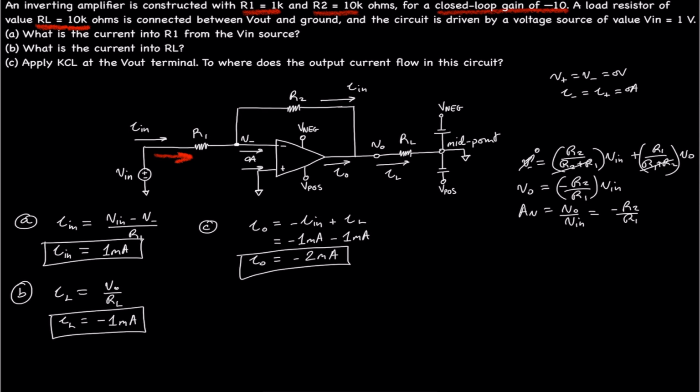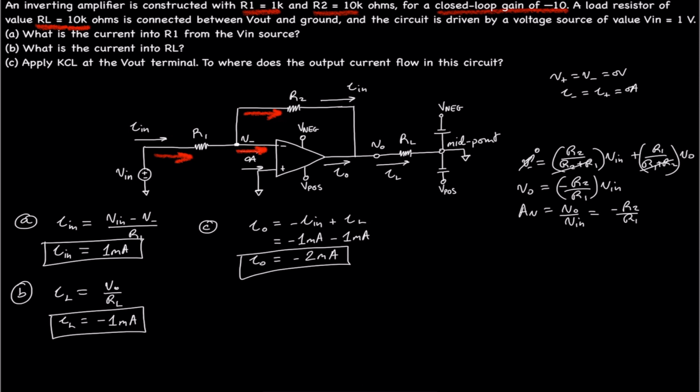It flows through R1 and through R2 because the current into the V minus or V plus terminal is 0 amp, so no current flows that way. Therefore In flows through R1 and R2 and into the output terminal of the op amp.